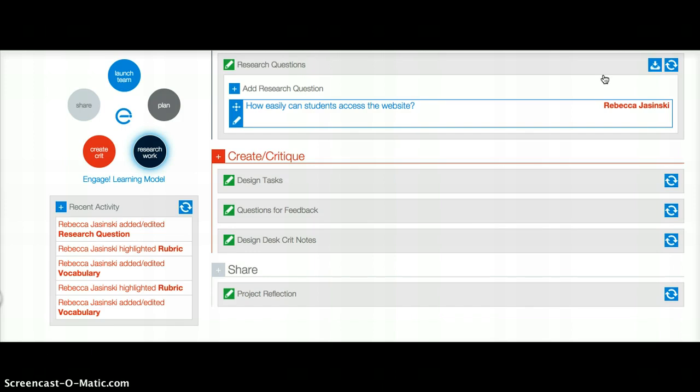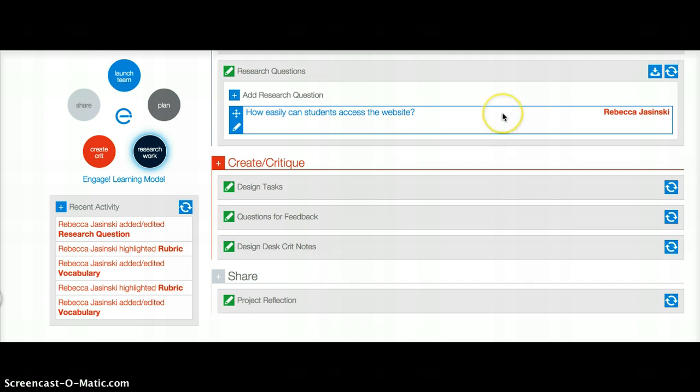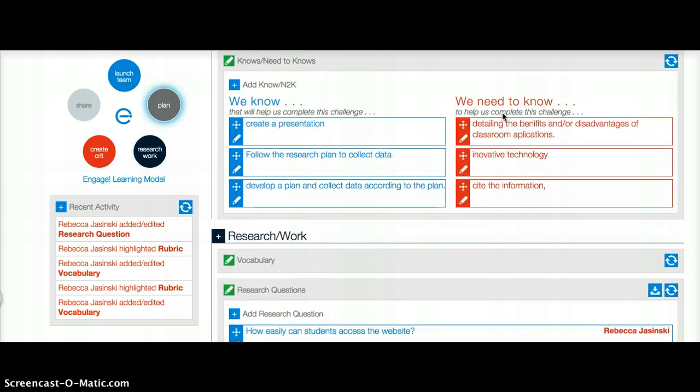You can always go back and add some more, but you need to also go and look at your rubric and your needs to knows, because it says detailing. For me, I put detailing the benefits and or disadvantages of classroom applications. Well, that was just one of the questions that I asked.